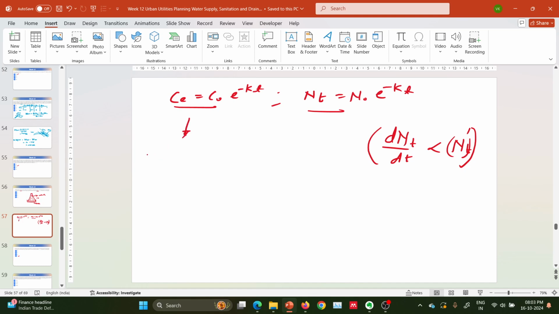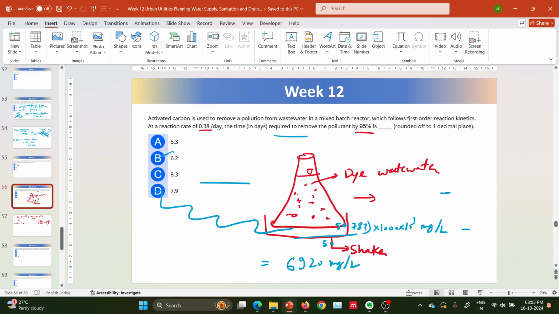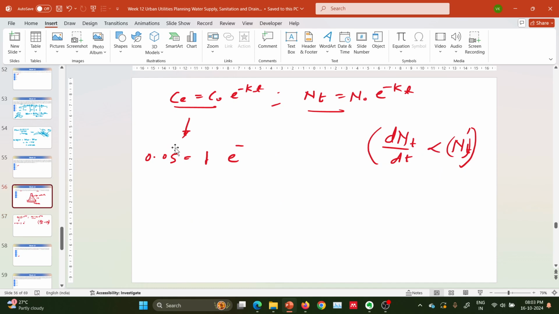So the pollutant removed is 95%, so 5% is only left. So e to the power minus k is given as 0.38, and time we need to calculate.